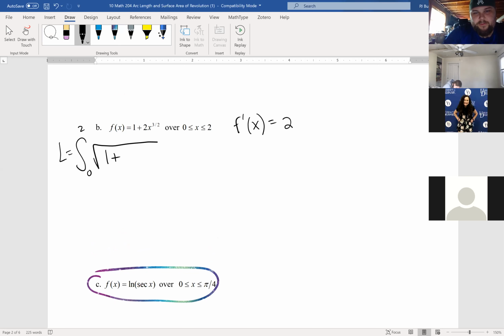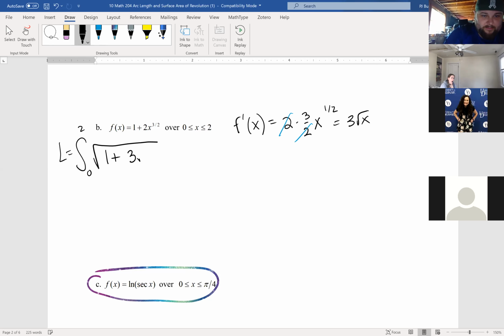So this is 2 times, now we have x to the 3 halves. The derivative of that says bring the 3 halves down in front and subtract 1 from that power. So it becomes 1/2. And those 2's cancel. So this is really 3 square root of x.